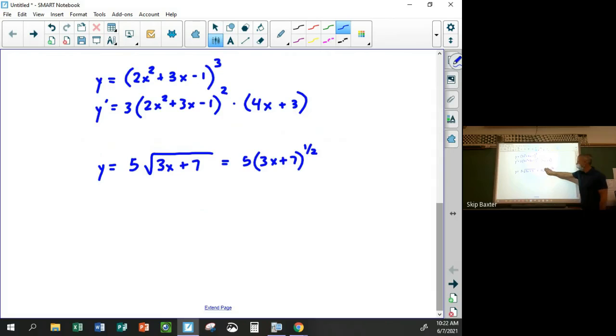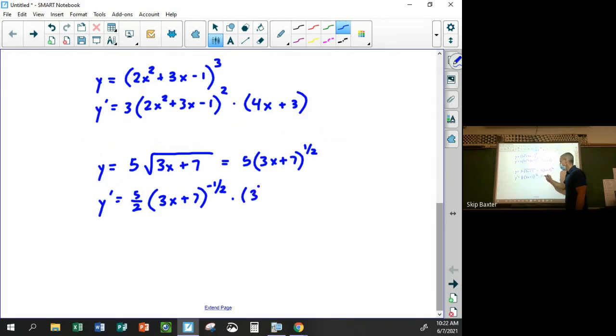So it's really 5 times something to the half power. That derivative would be 5 halves times something to the negative 1/2 power, right? So that's where I'm going to start. It's going to be 5 halves times 3x plus 7 to the negative half, but then times 3. That's the derivative of 3x plus 7.